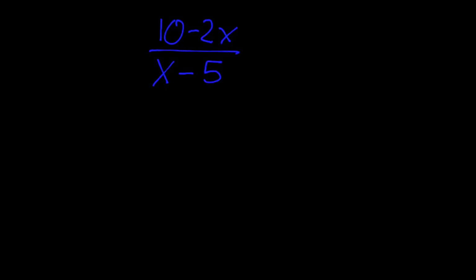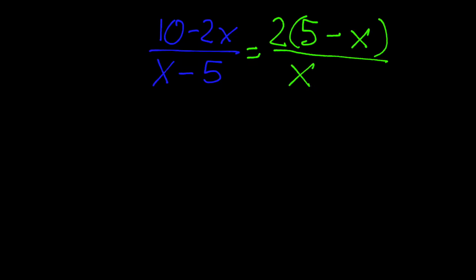And hopefully you say a 2. 2 would be correct. So if I factor a 2 out of the top, I get 5 minus x. And looking at the bottom, the only thing I could factor out of the bottom is a 1, which won't change anything. So the bottom is still x minus 5.